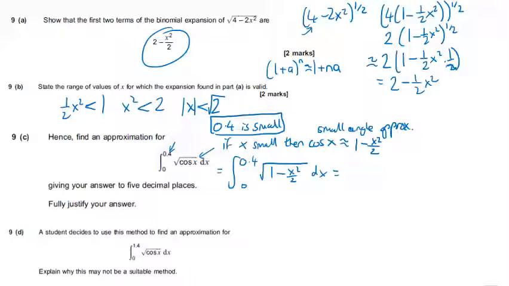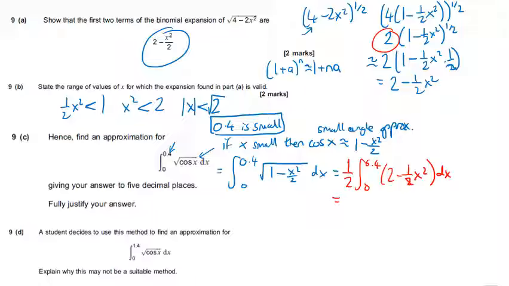And that's not quite what we had in part A, because we had 2 of those was equal to 2 minus x squared over 2. So what I want to do is I'm going to say I've got a half of that then, a half of the expansion. So I'll put the half outside, and then the expansion was 2 minus 1 over 2 x squared.